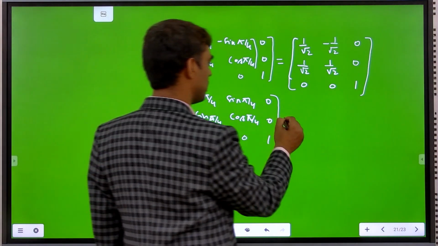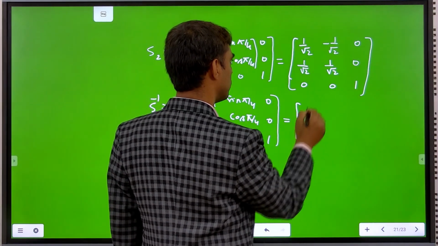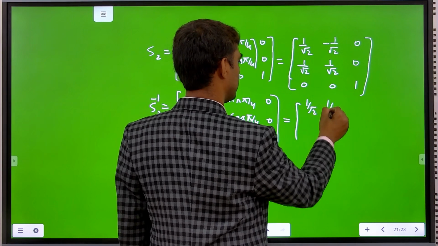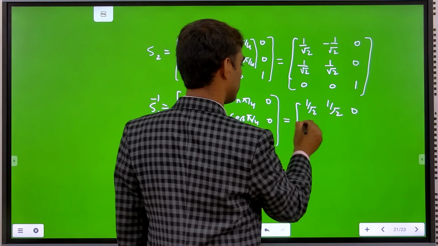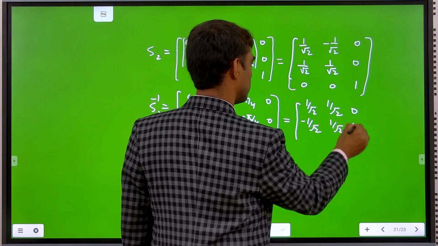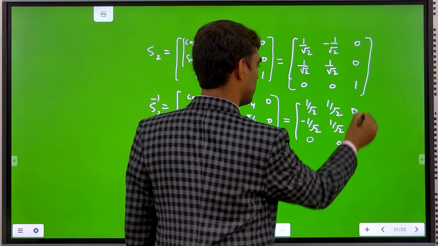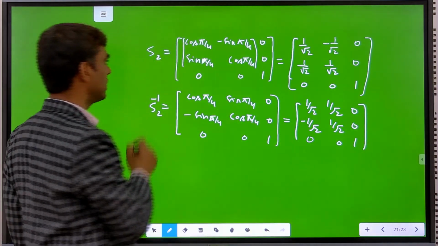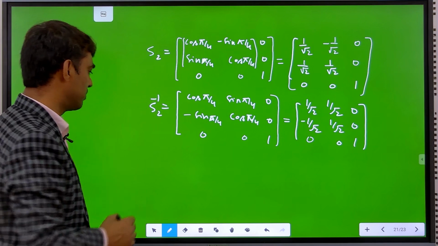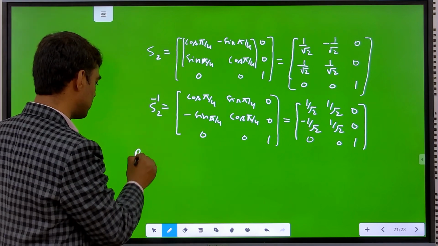So this one is equivalent to 1 by root 2, 1 by root 2, 0; minus 1 by root 2, 1 by root 2, 0; 0 0 1. So this one is S2 inverse. Now again we perform the similarity transformation and find the matrix B2.